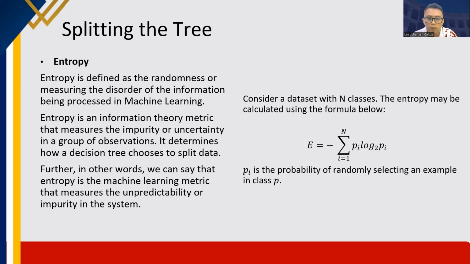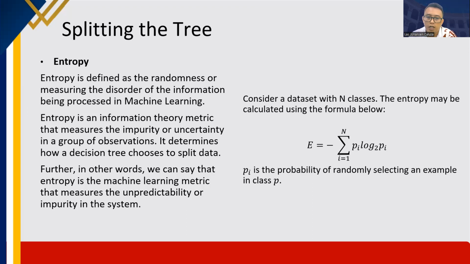So the entropy may be calculated using the following formula, wherein E stands for entropy. E is equal to minus the sum of p sub i log 2 p sub i, where i is equal to 1 to n. And p sub i is the probability of randomly selecting an example in class i. So that is how we arrive at entropy.